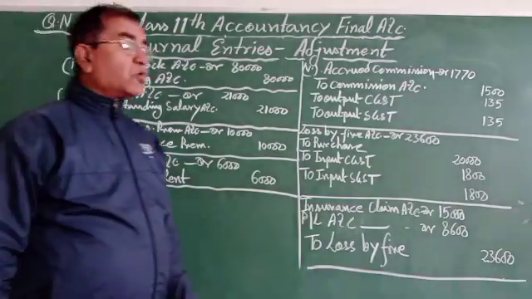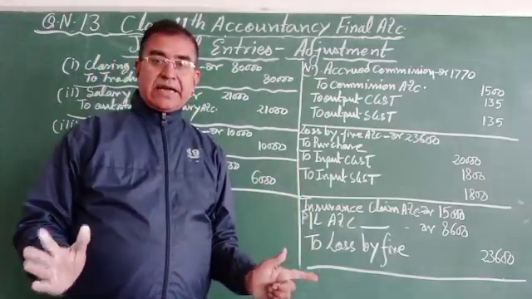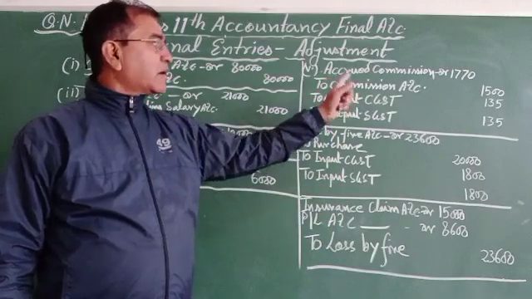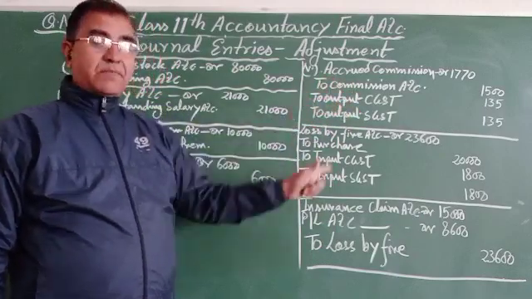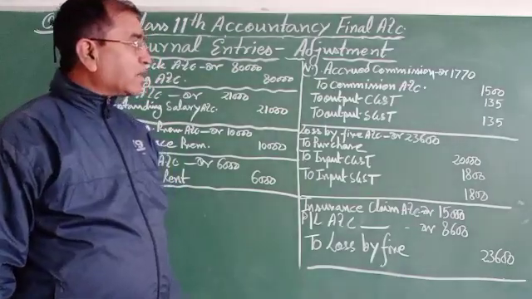And the accrued commission which has been earned during the accounting period but not received, you can see. So accrued commission account debit, we have to collect the output GST also, 9%.